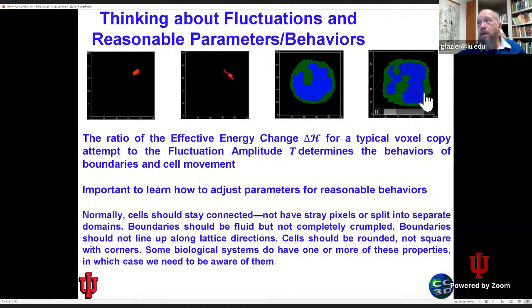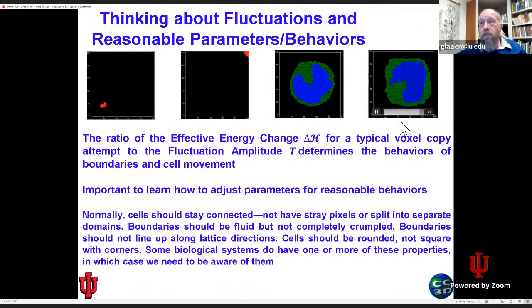Similarly, in the middle, the boundaries between the blue cells are falling apart completely. The blue cells are mixing with each other. That means the fluctuations are too big compared to the energies of that system. So in this case, I have one kind of cell, green, where the energies are too big compared to the fluctuation, and one, blue, where the energies are too small compared to the fluctuation.